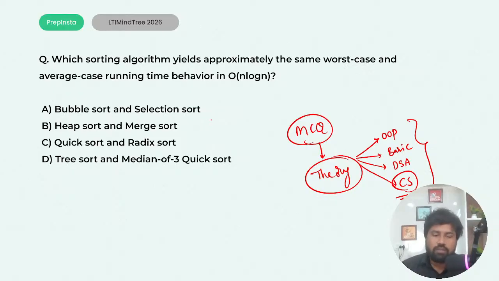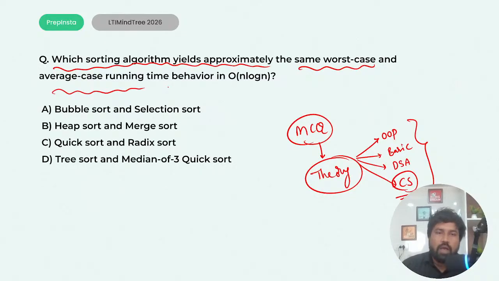According to the sorting time complexity, let's watch the question first. Which sorting algorithm yields approximately the same worst case and average case running time behavior in O of n log n? So here it is common sense, which is nothing but you have to study the time complexity of different sorting algorithms.